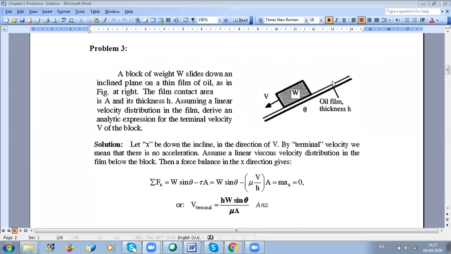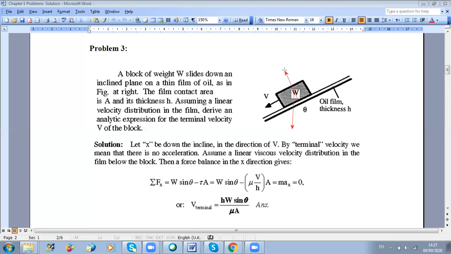Are you familiar with what a free body diagram is? Yes, I think you have already taken dynamics and statics. Okay, so I should draw all forces acting on my system. I have the weight of the block, W, and I have the normal reaction and the friction.